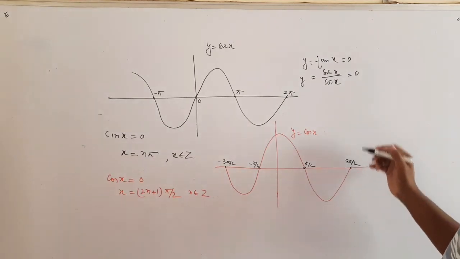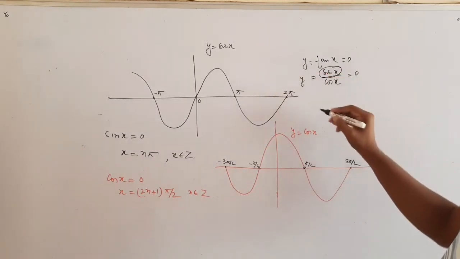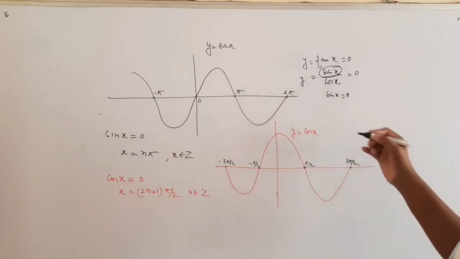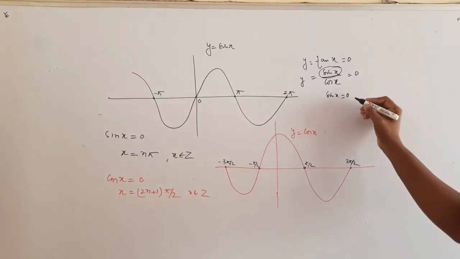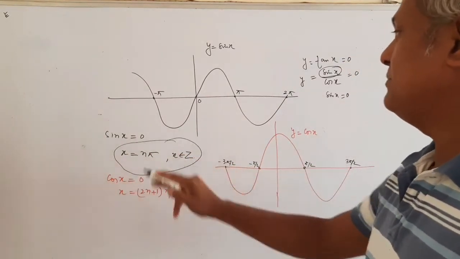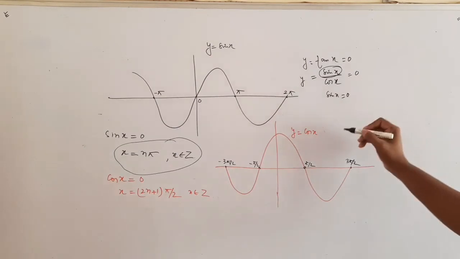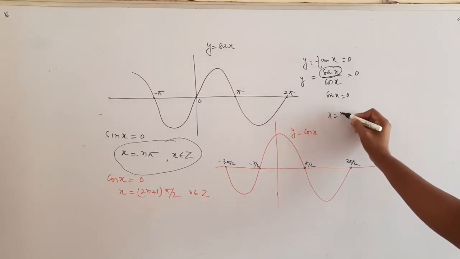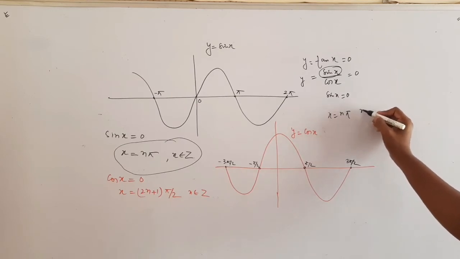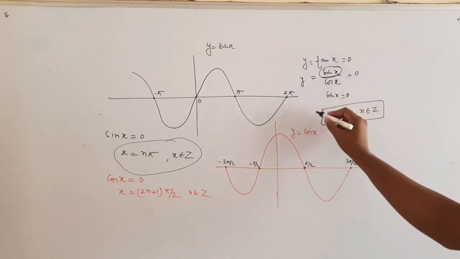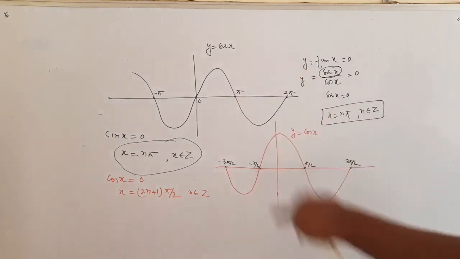Means all the cases where this sin x is 0. Now where is sin x 0? Sin x is 0 at x equal to n pi. So the solution for tan x equal to 0 is also the same, x equal to n pi, where n is an integer. So these are the solutions for tan x, sin x and cos x.